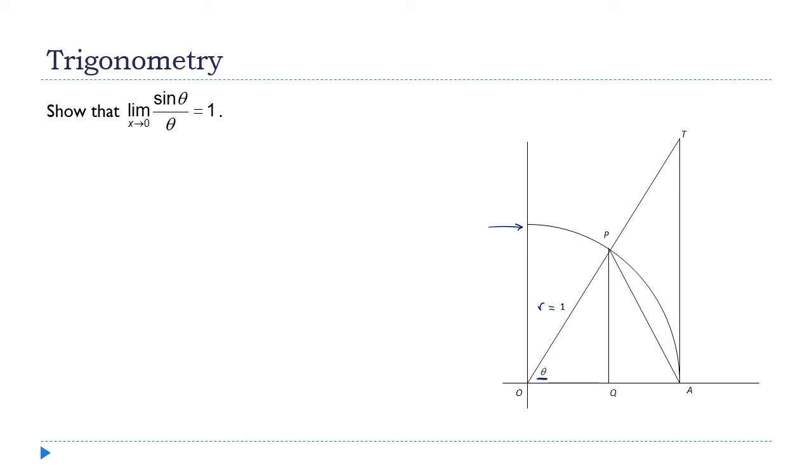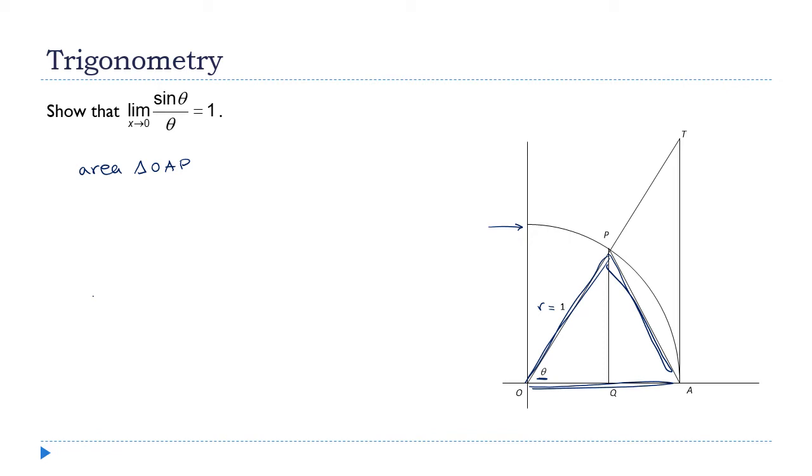Now, I've added all this other stuff, and let's take a look at some specific pieces here. First, look at triangle OAP. That's this triangle here inside the circle. So I want to look at the area of triangle OAP. Next I want to step just a little bit further out and take a look at sector OAP.